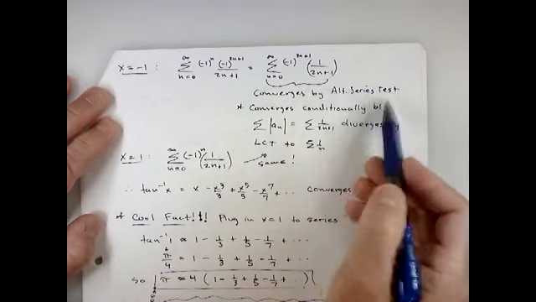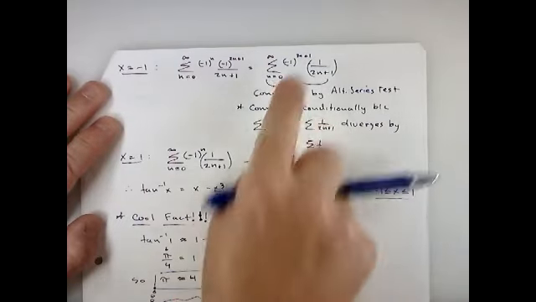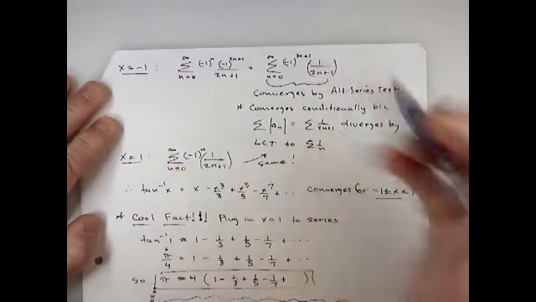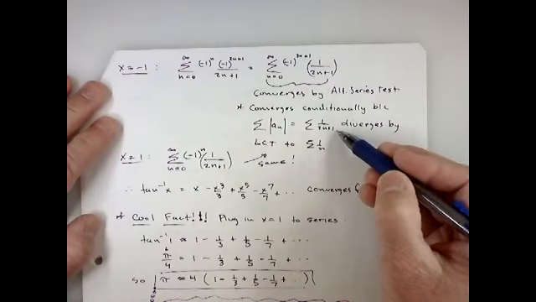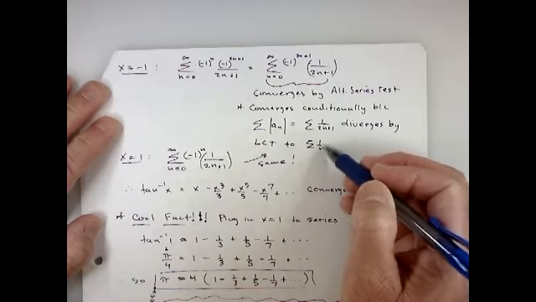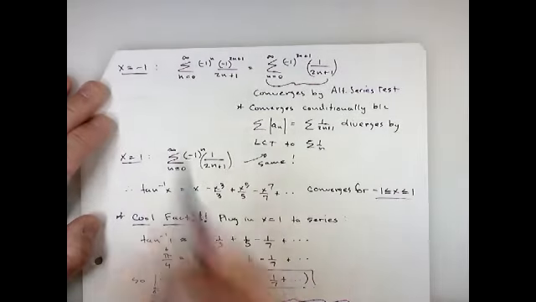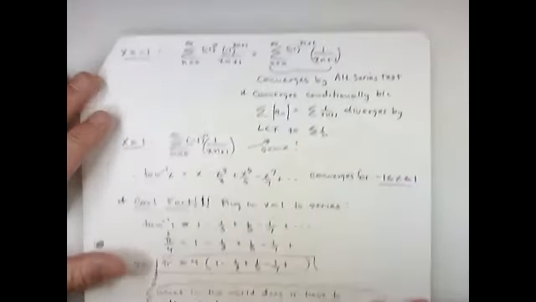And it satisfies all the requirements, so it does converge. Now, if we took the absolute value of that, we would get a divergent series. This 1 over 2n plus 1 would diverge by a limit comparison test to 1 over n. So it converges conditionally at x equals negative 1.